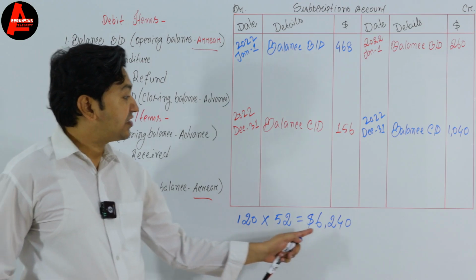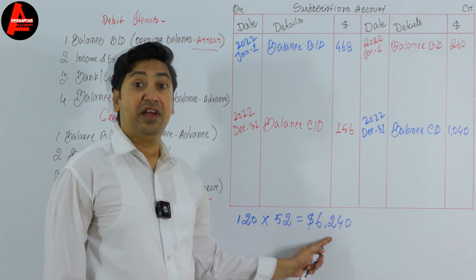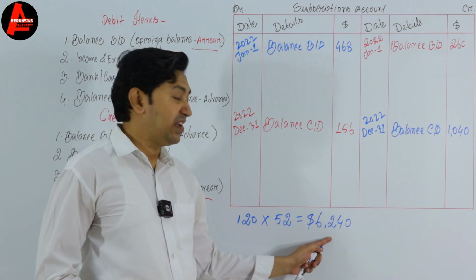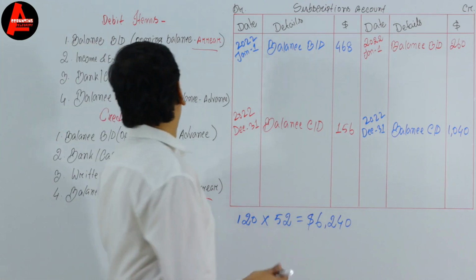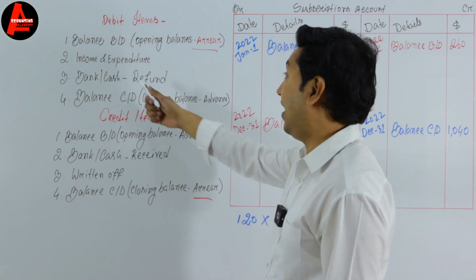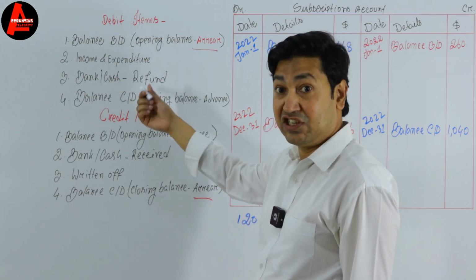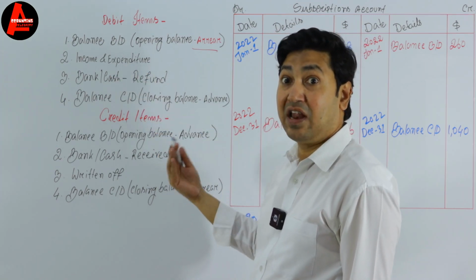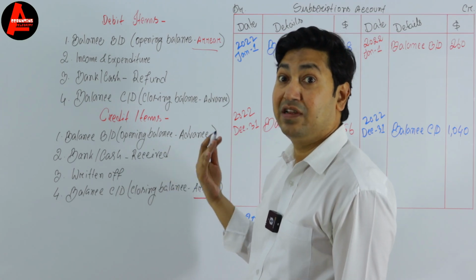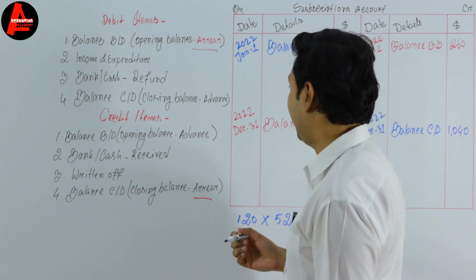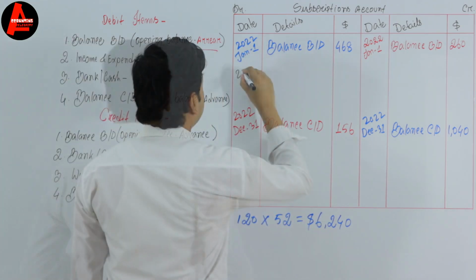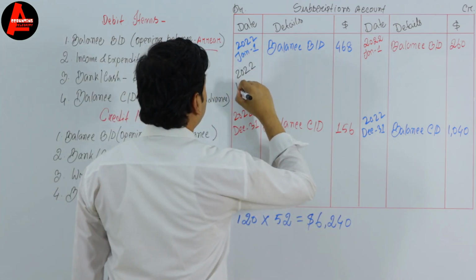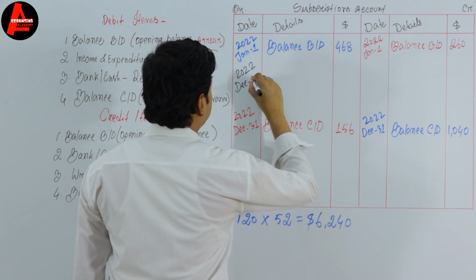So this amount will appear in the income and expenditure account. We will write here on the debit side, as income and expenditure account, the total amount which is supposed to be received by the club. Let us write the date first, 2022 December 31st.